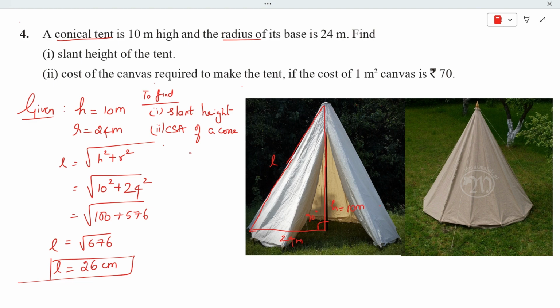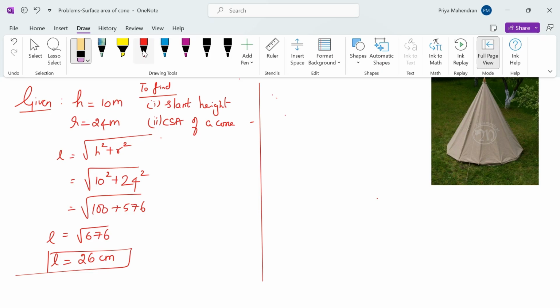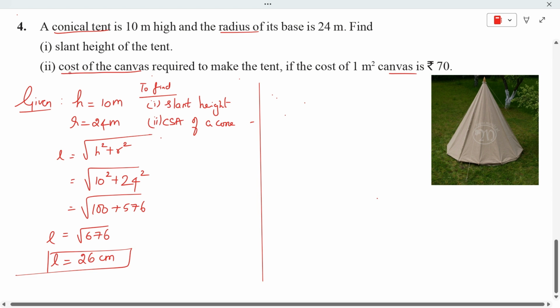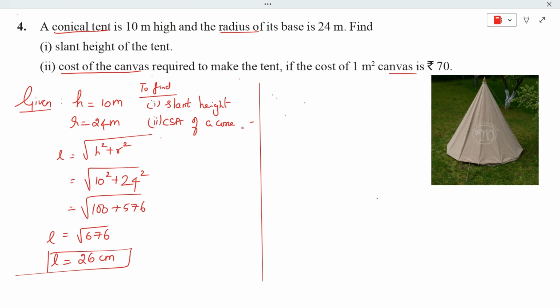The next step is to find the CSA of a cone. The next is to find the cost of canvas. In order to find the cost of canvas, I need a CSA of a cone, isn't it? So first let me find the CSA of a cone, which is pi times r times L. So substitute the values given and keep this as it is.